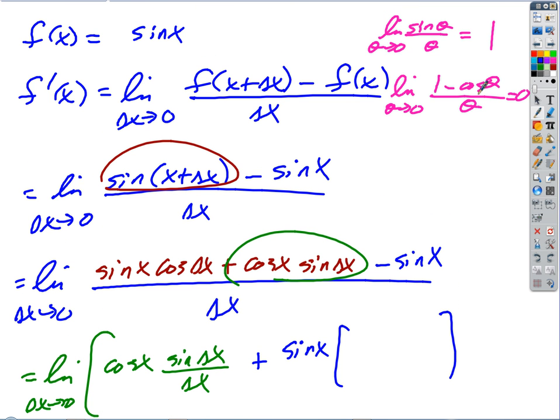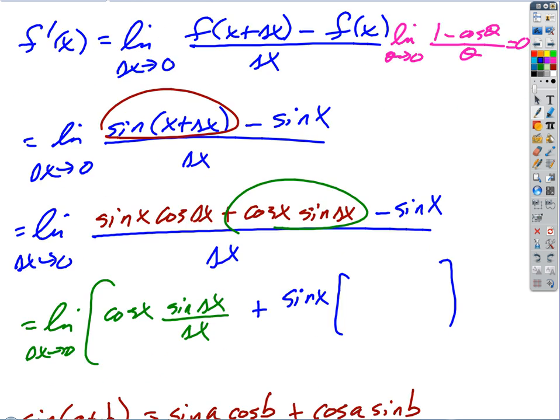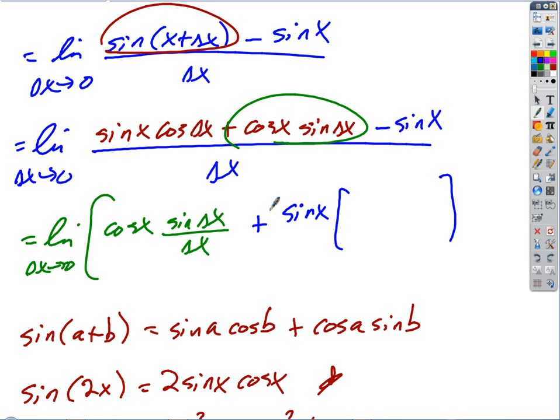I want to have a 1 minus cosine delta x and not a cosine delta x minus 1. So what if I factor out a negative sine x? Everybody with me on that? Yeah. Okay, so I'll make that a minus sign. And then I'm left with 1 minus cosine delta x, over delta x, right?